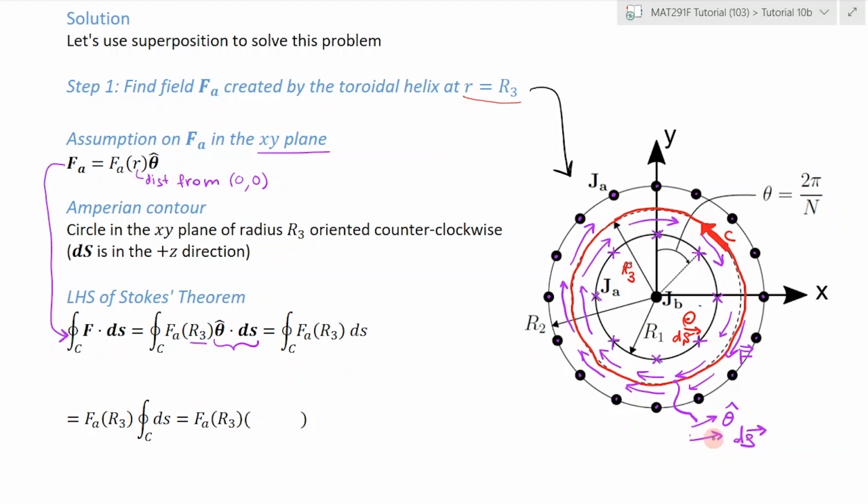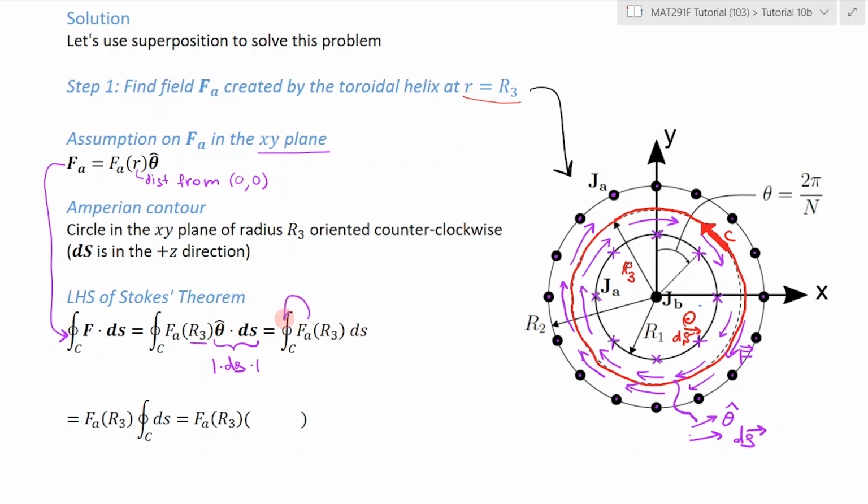This means that the dot product is going to be the magnitude of theta hat, the magnitude of ds, which is just the scalar length element, times the cosine of the angle between the two. Since the vectors are parallel, this is just 1. Not just parallel, but in the same direction instead of the opposite direction. So then this is what I wrote here. I just replaced this guy with ds.